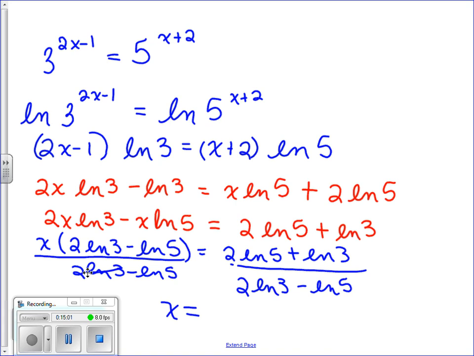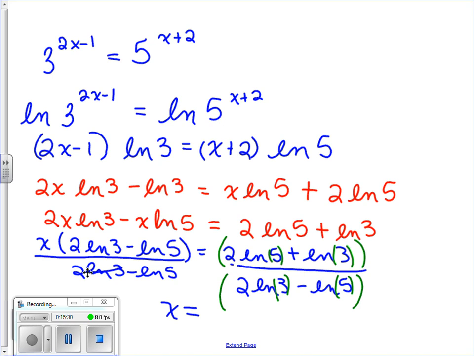Now let's talk about putting this in your calculator. To put this in your calculator exactly like it is, open up a parenthesis here, put these in parentheses, this in parentheses, and close a parenthesis. Then your divide button, open up a parenthesis, just like that. Do you see how many parentheses are going on there?